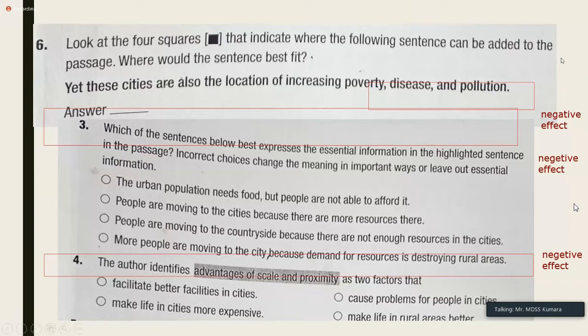These cities are also the location of increasing poverty, disease, and pollution. It highlights the negative. Yeah. So the sentence that we have to insert also gives negative impacts of urbanization, negative effects of urbanization.